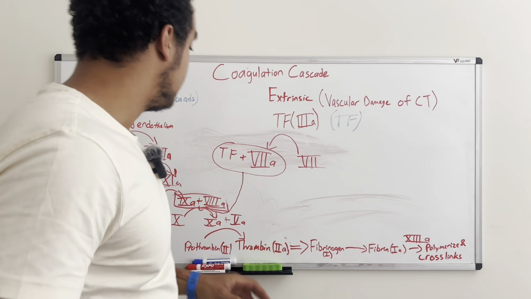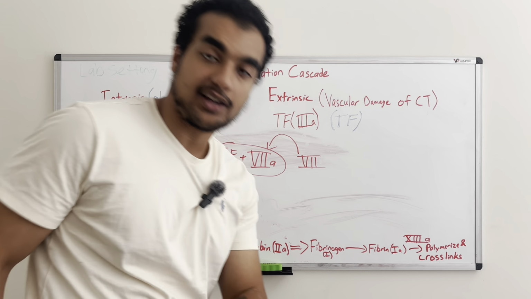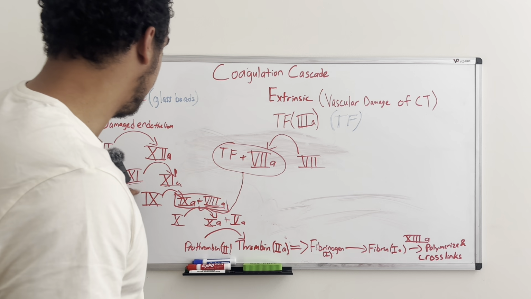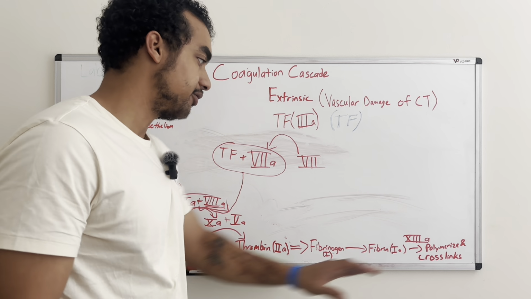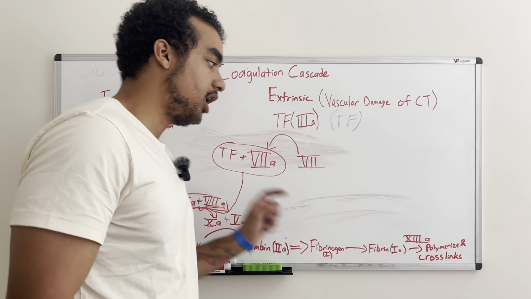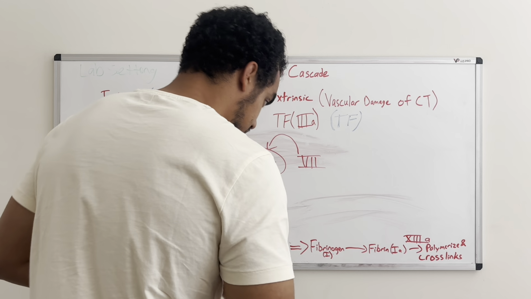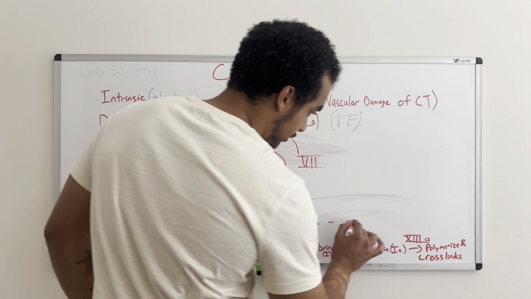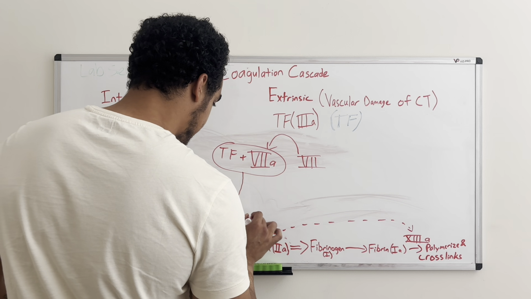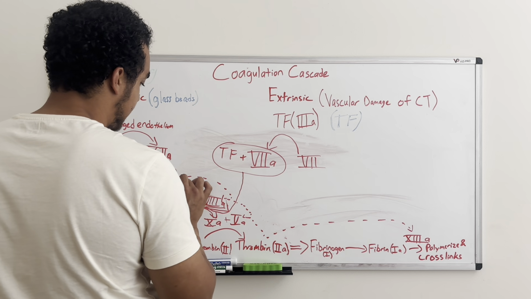That's about it, y'all. As long as you remember that the most important factors in this coagulation cascade are factors 11, cofactor 8, cofactor 5, and factors 13, and that is because thrombin actually leads to an upregulation of those factors. Thrombin will upregulate factor 13, it'll upregulate factor 5, factor 8, as well as factor 11.